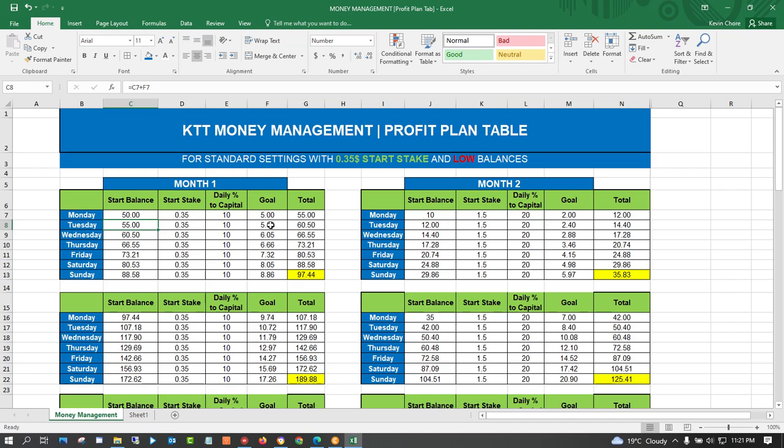So you'll make $5.5, and your total will be the opening balance plus the money that you made for the day, which will be $60.5.